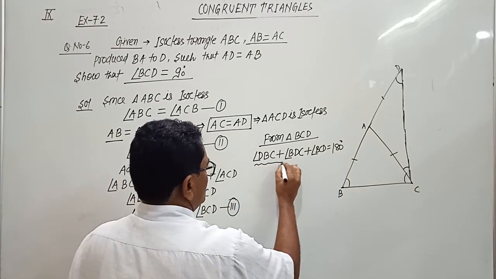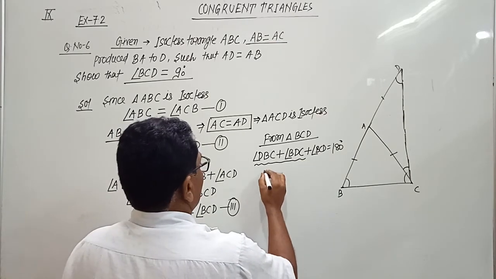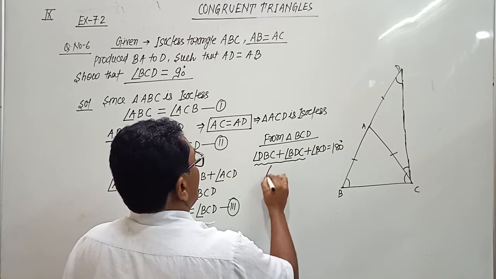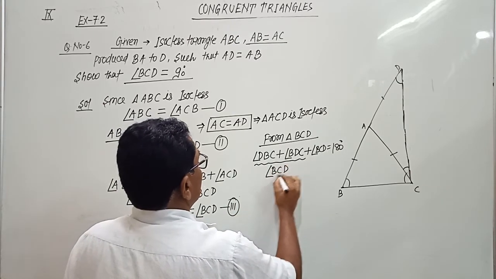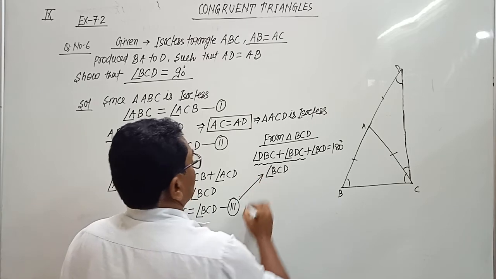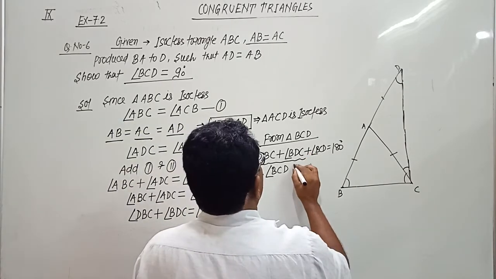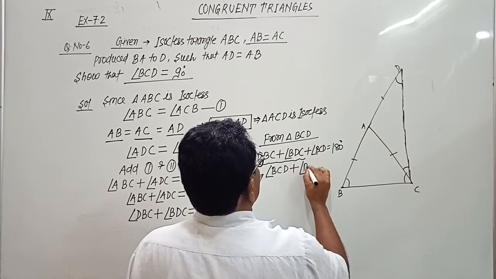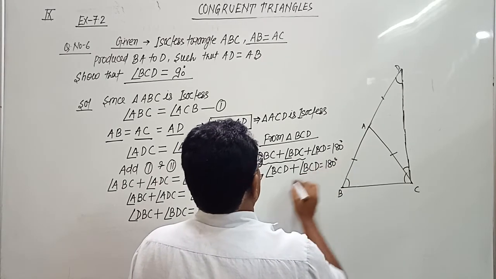So from equation number 3, we can write angle BCD plus angle BCD equals 180 degrees.